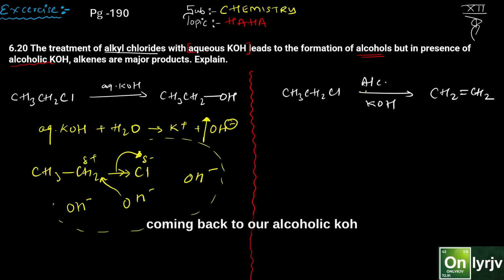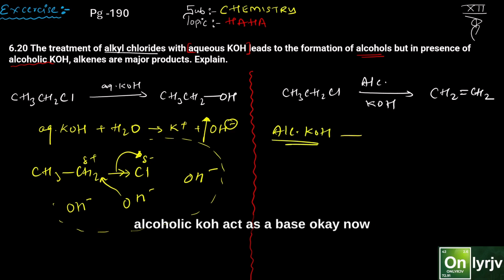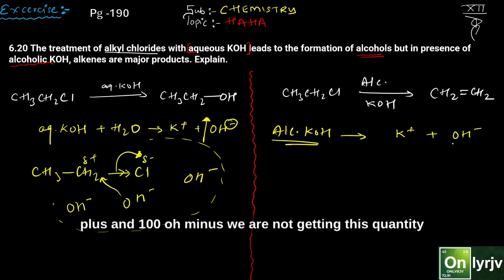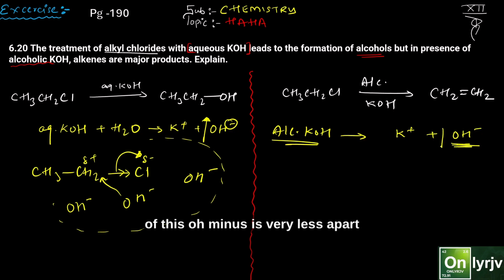Now coming back to our alcoholic KOH. In the case of alcoholic KOH, what happens? This alcoholic KOH acts as a base. Now it does not break completely. Like here, for 100 KOH, 100 will break, but here we are not getting 100 K+ and 100 OH-. The quantity of OH- is very less.